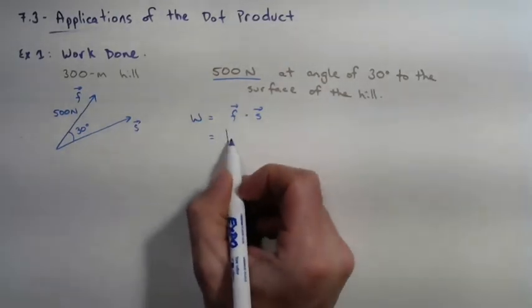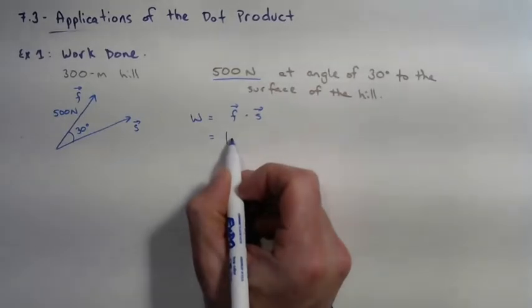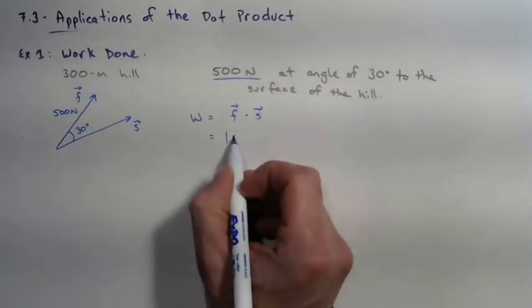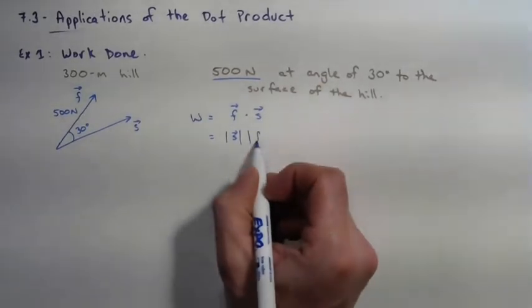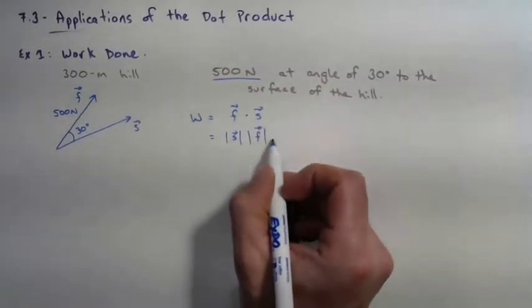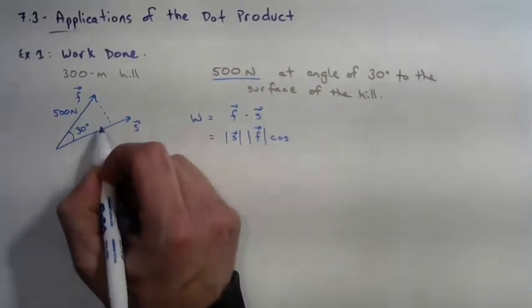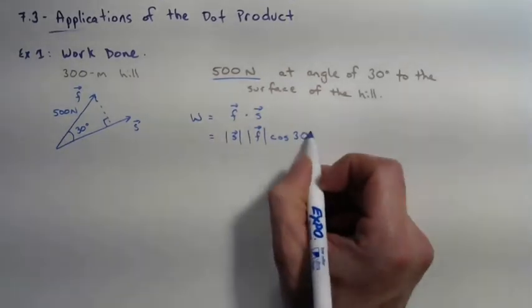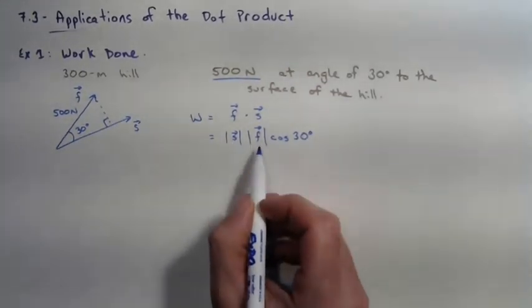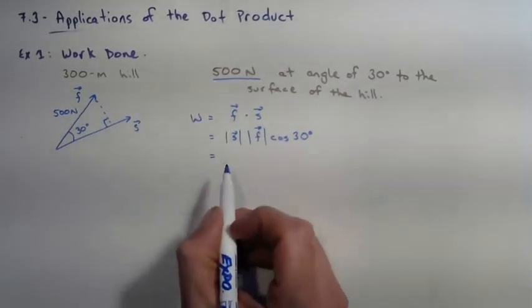The dot product is the magnitude of S times the magnitude of the force in the direction of S, so the component vector of the force vector in the direction of S. So that's the magnitude of S times the magnitude of F times the cosine of 30 degrees.